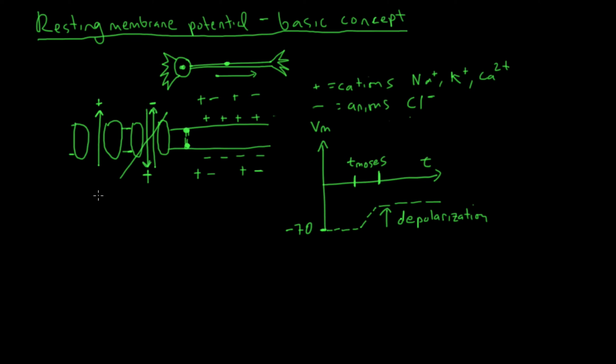But what we're going to see is that there are actually two driving forces at play here. Number one is the driving force that we just talked about, which is the electrical potential. But then number two is actually the chemical potential.